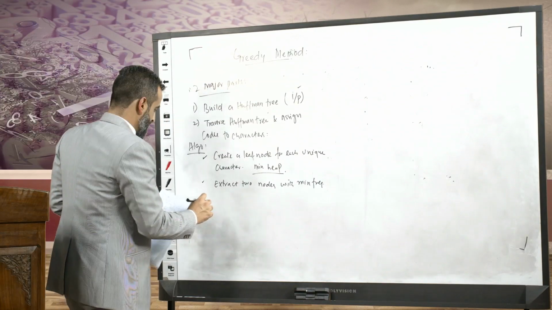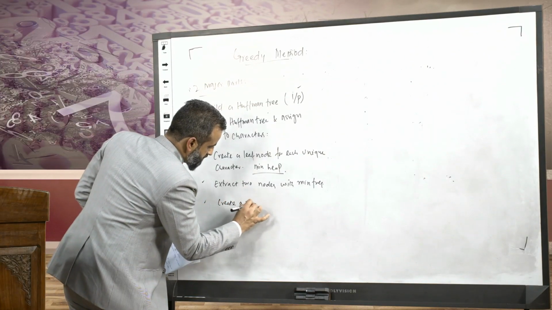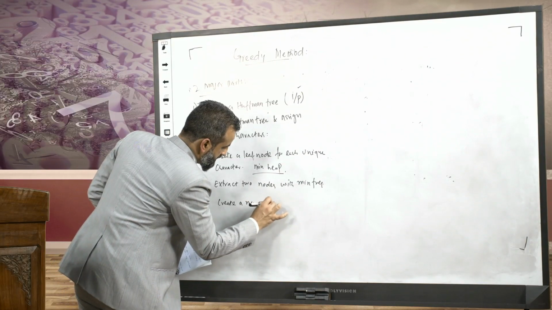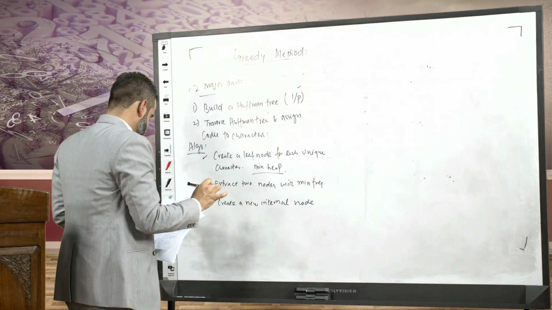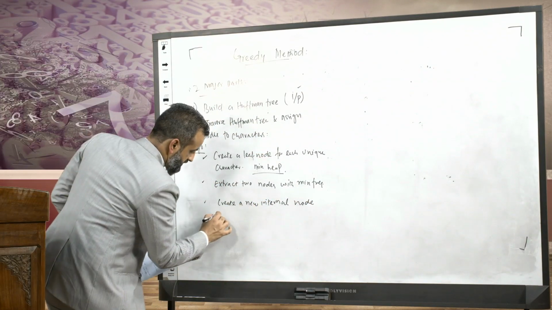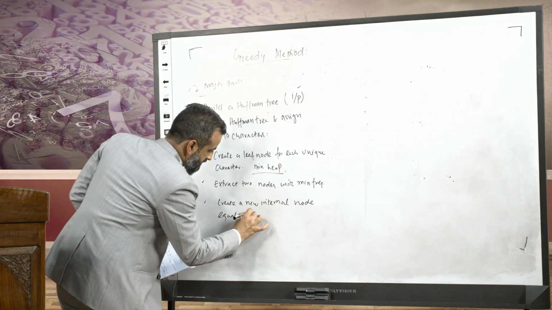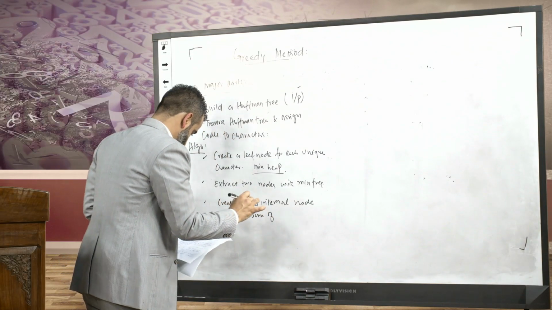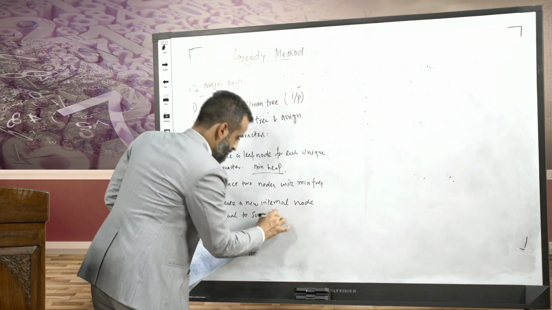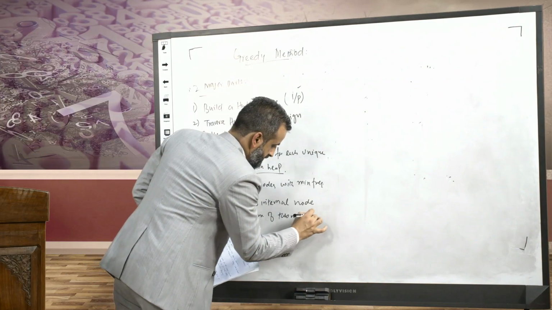Third, we'll create a new internal node, and the weight of that will be equal to the sum of the two nodes' frequency.